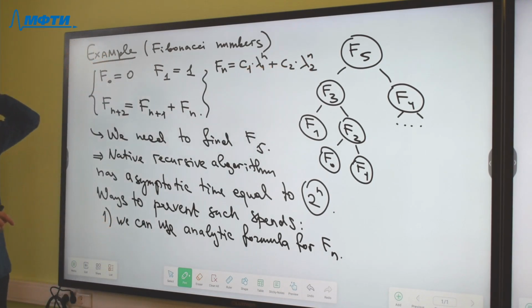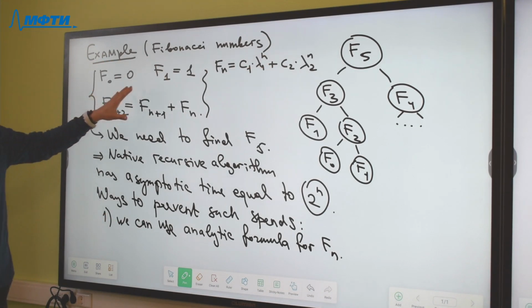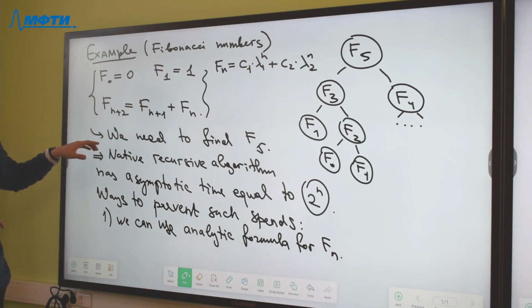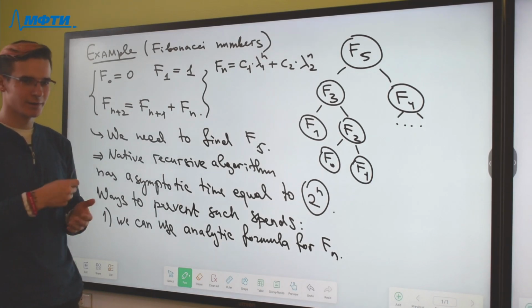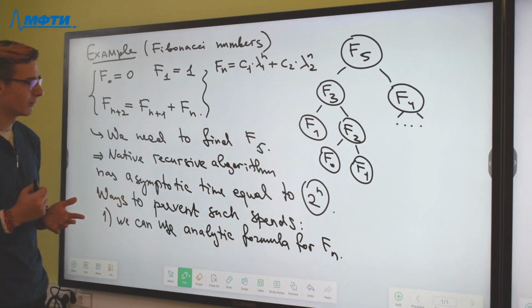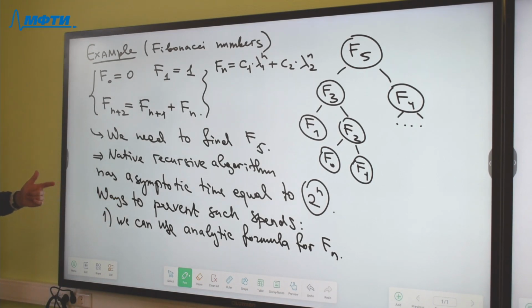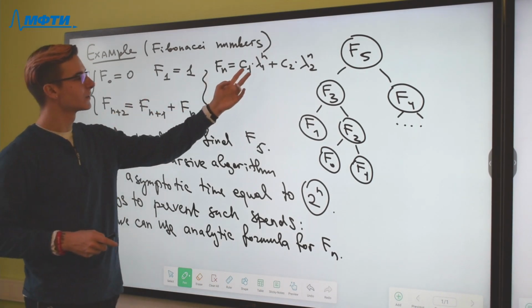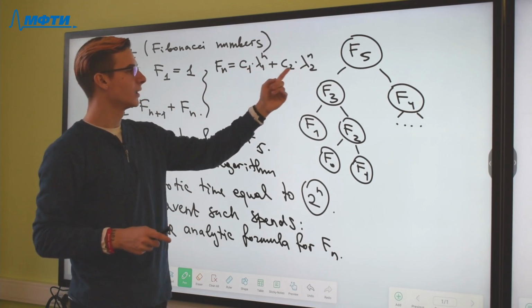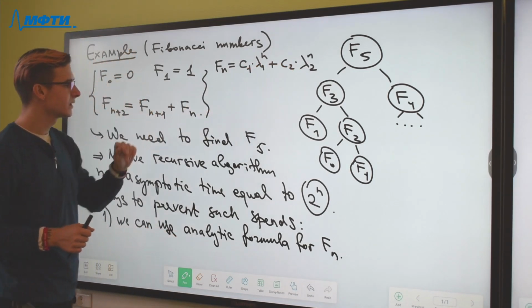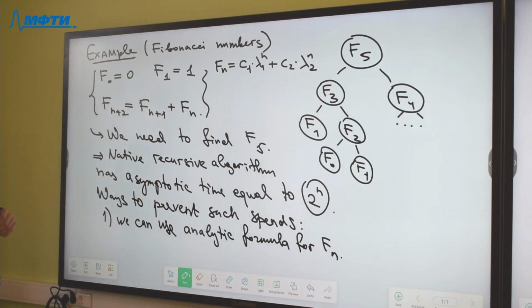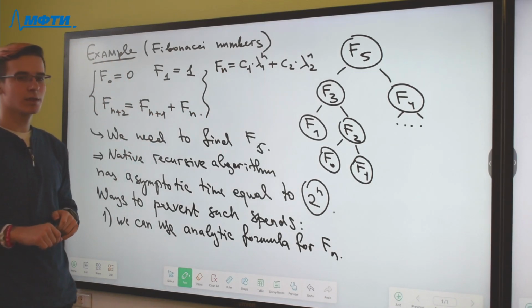But if we change this recurrence formula, we need to get paper and find an analytic formula, and of course to find these two numbers, lambda 1 and lambda 2, we need to solve some polynomial equation.